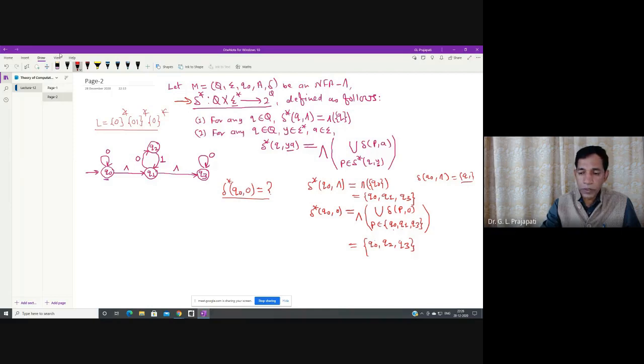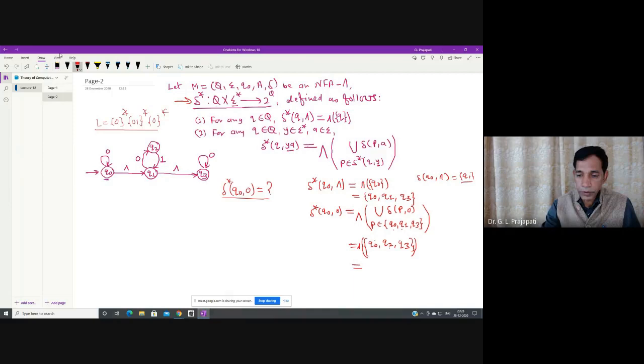If p is q1 and the input is 0, your machine goes to q2. If p is q3 and the input is 0, your machine goes to q3. And finally you have to consider the null closure of this set.